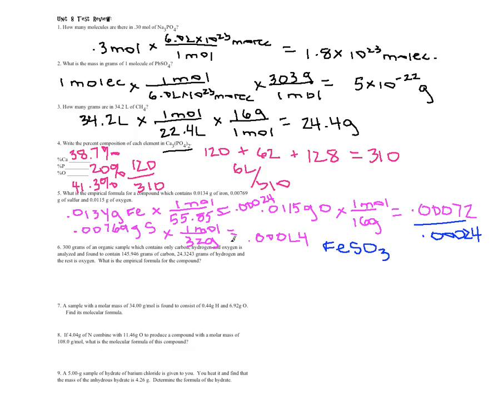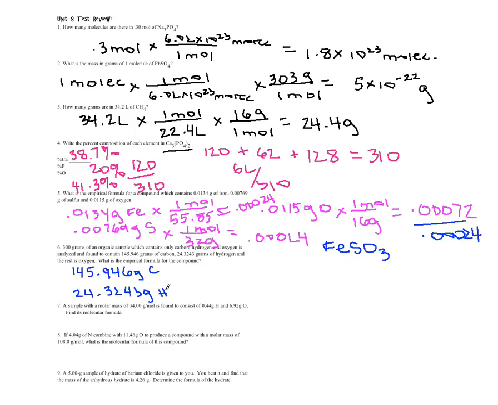Okay? For number 6, what you guys need to do is determine your number of grams of each of these. And so what you'll find out once you do it, you get 145.946. This is given to you. This is nothing new. 46 grams of carbon. Okay? You get 24.3243 grams of hydrogen. Okay?